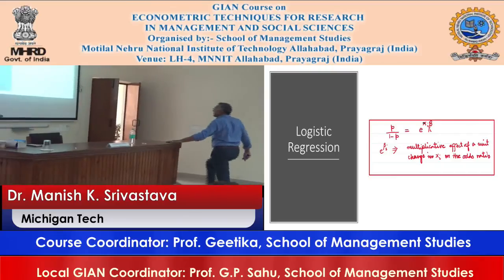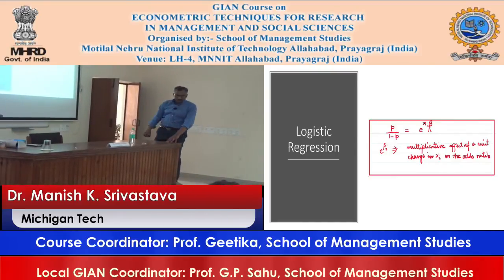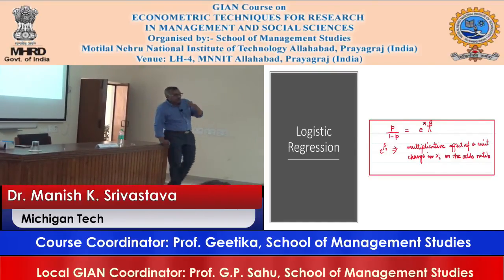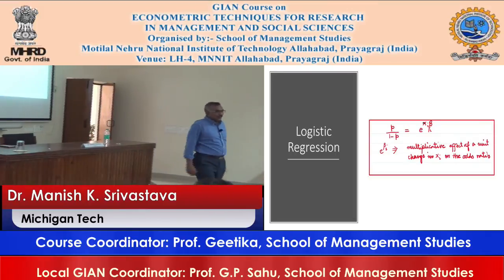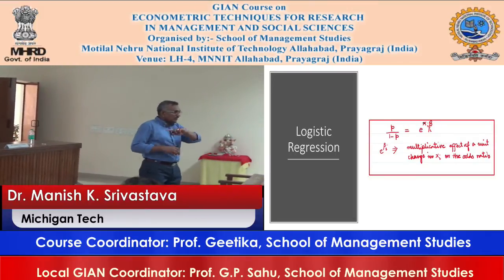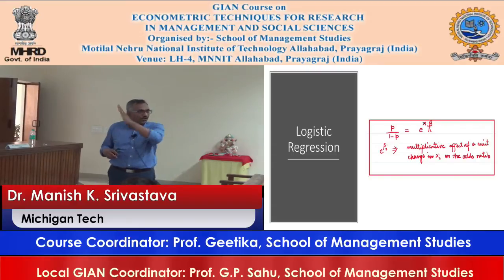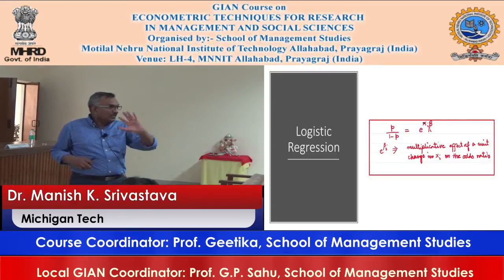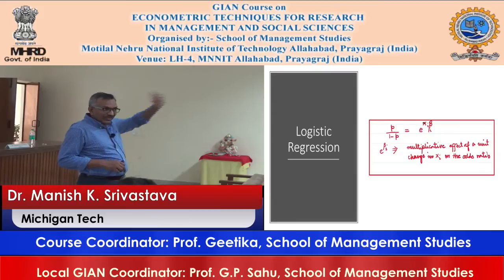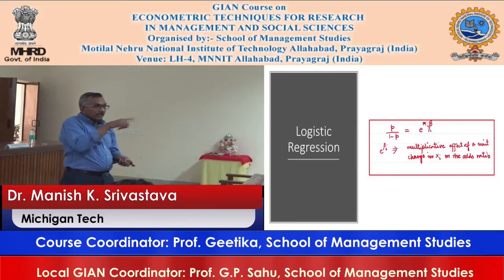So how is it interpreted? The original model was the log of the odds ratio equal to xb. If you raise it to the exponential, the left side will become the odds ratio, and the right side will become e to the power xb.